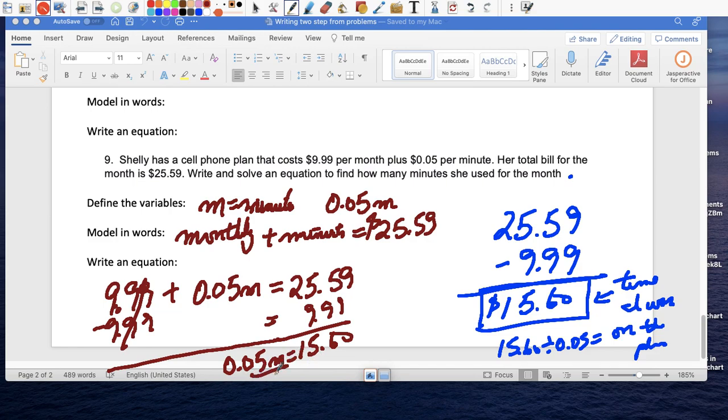We're going to divide both sides by 0.05. This becomes 1, because 0.05 divided by 0.05 is 1, or 1M, or just M. And then let's see how many minutes I spoke for. 312 minutes. So this particular month, I spoke for 312 minutes. Yikes. All right, and that was the easy one.